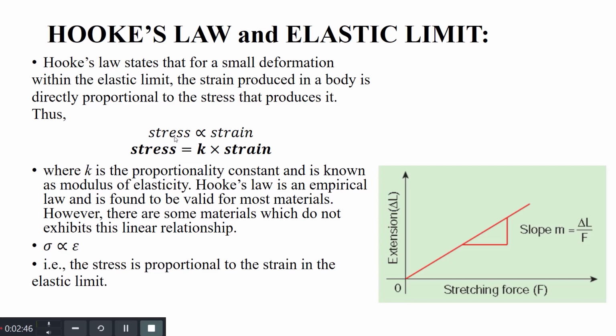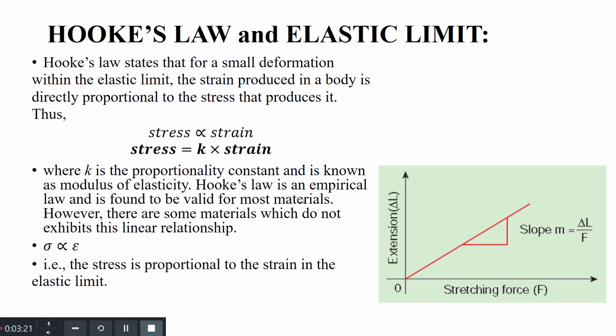So whenever you apply stress on the object it will produce a strain, and that strain depends on the stress. So we can say that strain produced within the object is directly related to the stress, putting the value k as a constant, and this k is known as the proportionality constant, and is known as the modulus of elasticity.